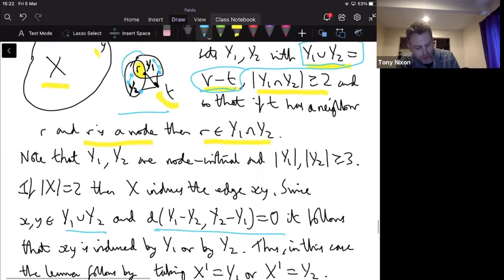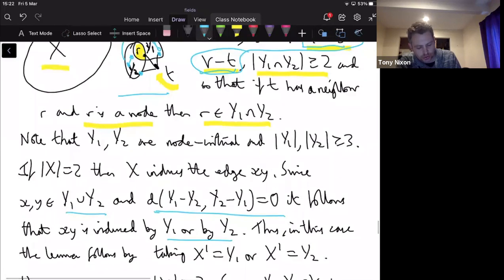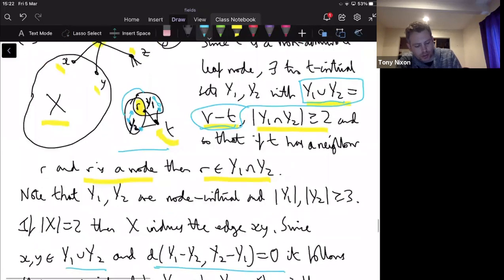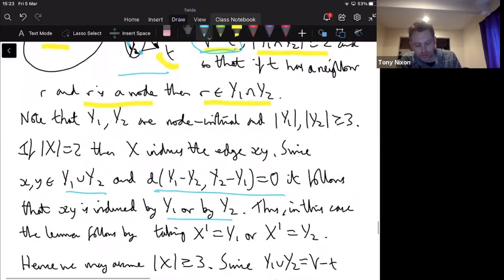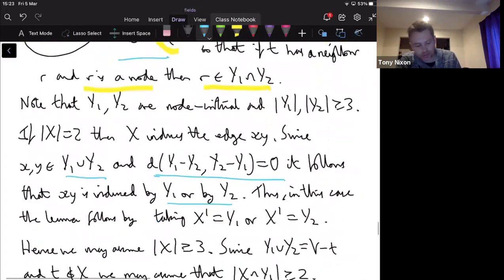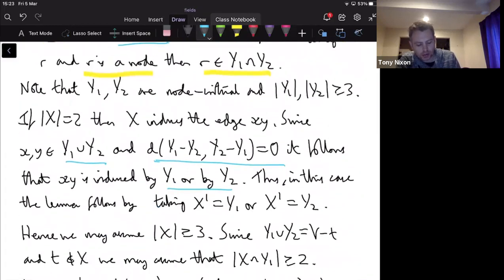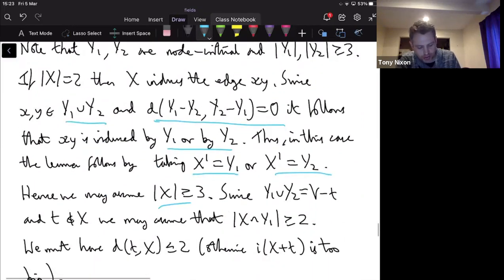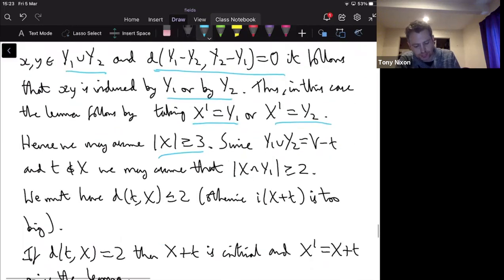So it's induced by one or other of the Yi. And if that's true, then since Y1 or Y2, whichever one it is, has more than 2 elements in it, we would know that this X was size 2 and Y1 or Y2 would be size 3 and hence at least 3. So it would be a bigger node critical set. So we could just take whichever one it was and we'd be done. So we can assume X has size at least 3.